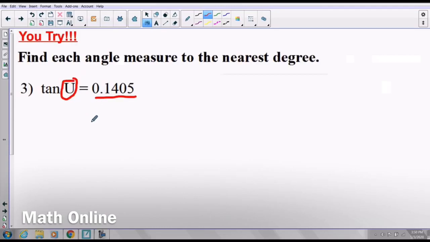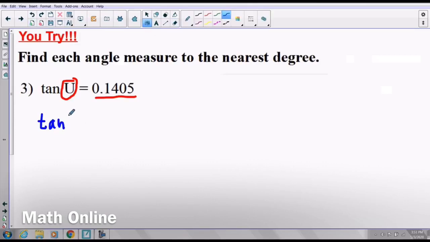So here we go, guys. In order to do that, we need to take the inverse tangent on both sides of this equation. So we're going to say the following. Inverse tangent on both sides. Let's go ahead and delete that first piece because it doesn't look like a negative. Sorry about that, guys. So here we go.